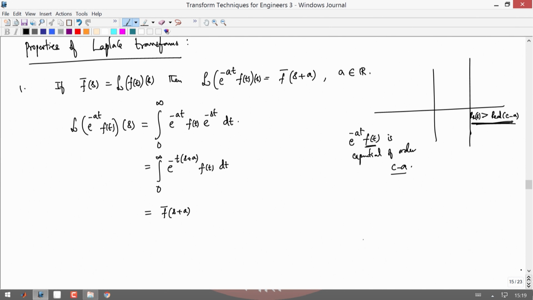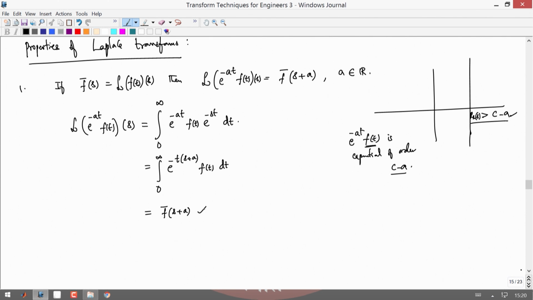So it is still possible if it is complex. If a is real, this is easily seen: the real part of s is greater than c minus a. So this is clear as property 1.